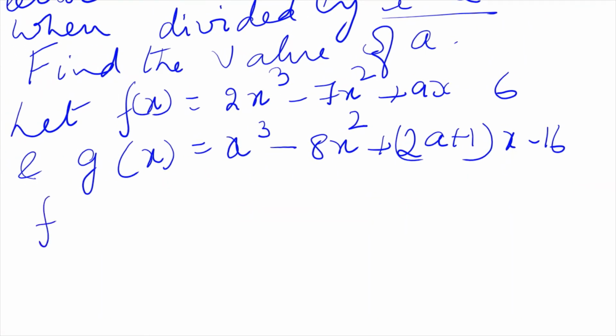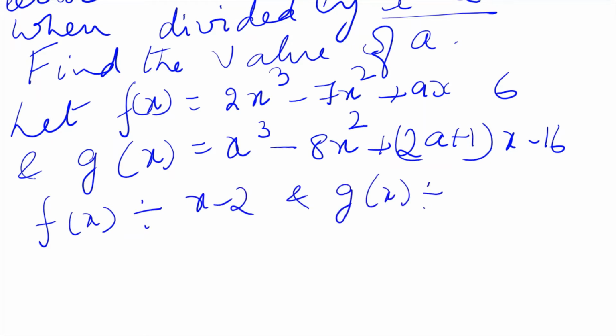So f(x) divided by x minus 2 and g(x) divided by x minus 2 implies f of 2 is equal to g of 2 according to the question, because the remainders are the same.